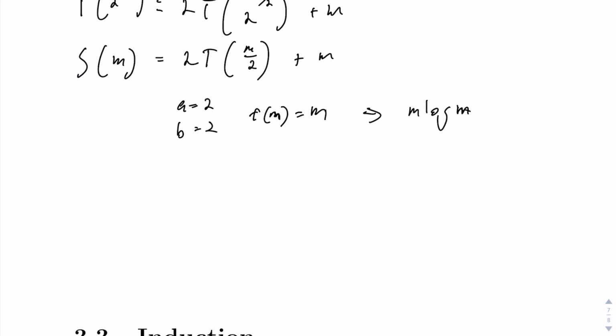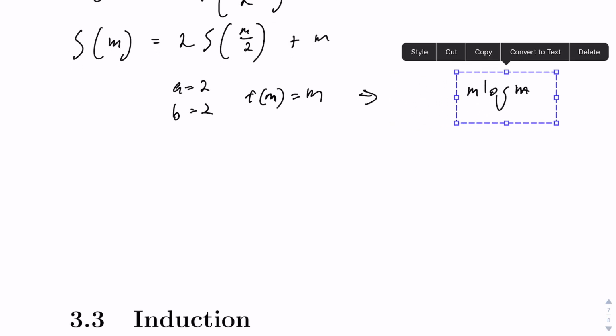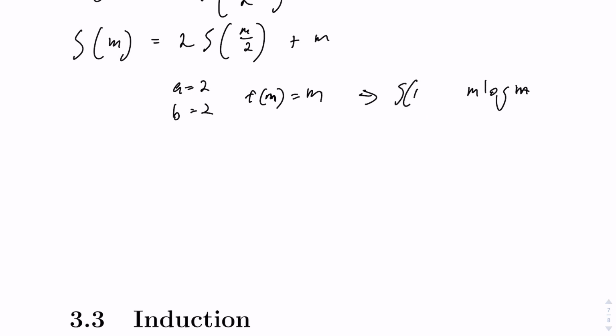I think you meant S of m. Oh, yes. Thank you. That should have been an S right there. I accidentally wrote T again because I was just copying. But we transformed the whole function into terms of S, and so we need to use S everywhere. So this means S of m is in big theta of m log m. Okay?